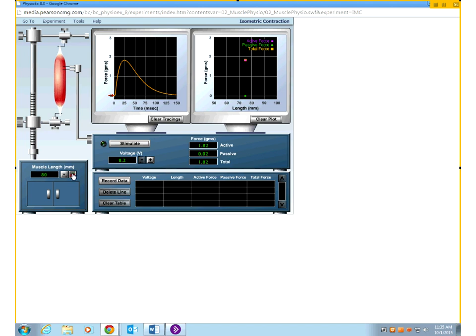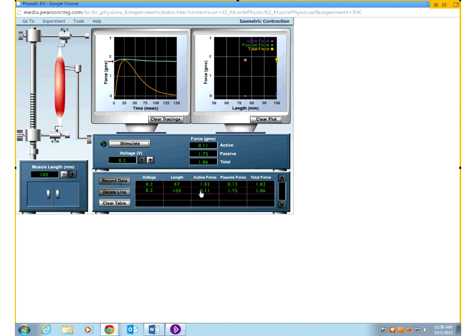Now notice what happens if I increase, oops, I forgot to record the data. Okay. So if I increase my muscle length, I've increased it to the maximum muscle length. Keep in mind I've stretched it out. So you've watched that process take place. We've stretched out those muscle cells, muscle fibers. When I do that, let's look to see what the active force and the total force are going to be. So we'll stimulate and record that data.